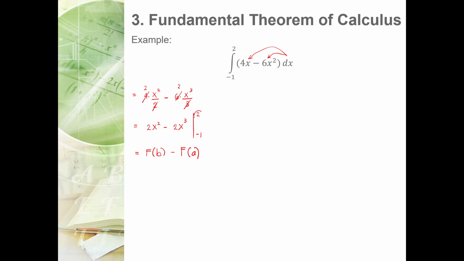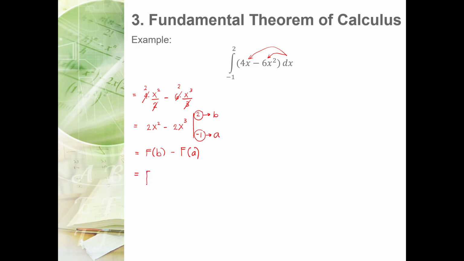Again, the upper limit is your b component, your lower limit is your a variable. Starting off with the upper limit, apply the value of 2 in the answer of your integral.